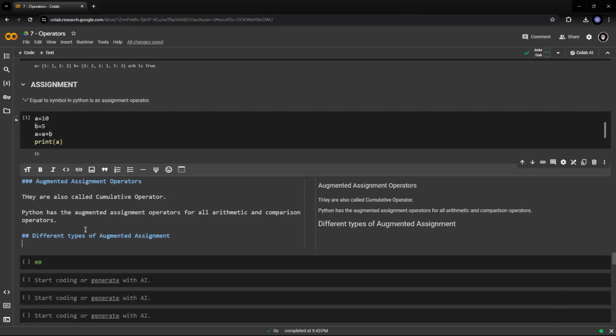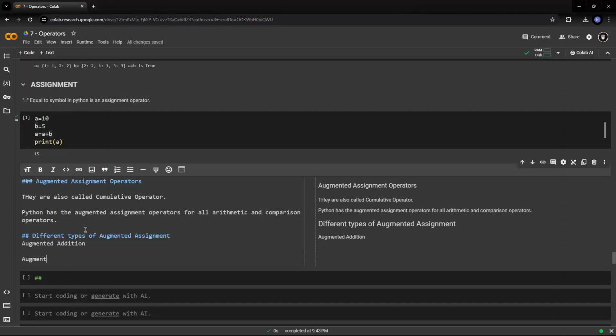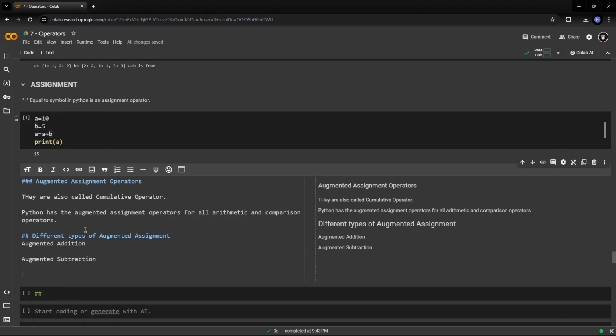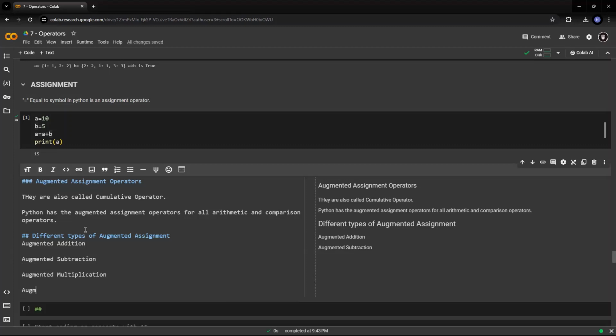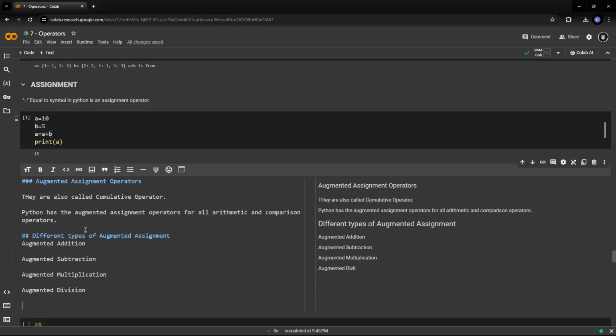It could be augmented addition, augmented subtraction, augmented multiplication, augmented division, augmented modulus operator.